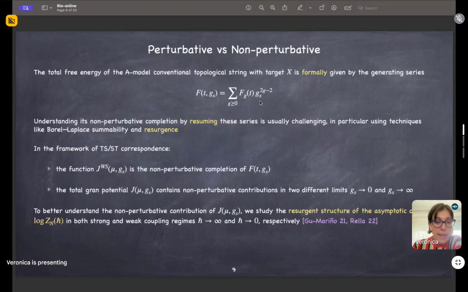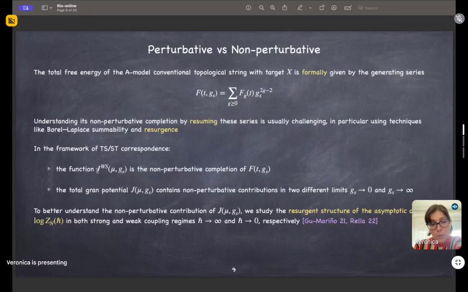Now, this is typically very hard, and there has been different progress in this direction. But if we want to study the resurgence or summability properties of this function, looking at this formula, it's very complicated. So in the framework of the topological string and spectral theory correspondence, one attempt would be to think of this total grand potential as the non-perturbative completion of the topological string free energy.